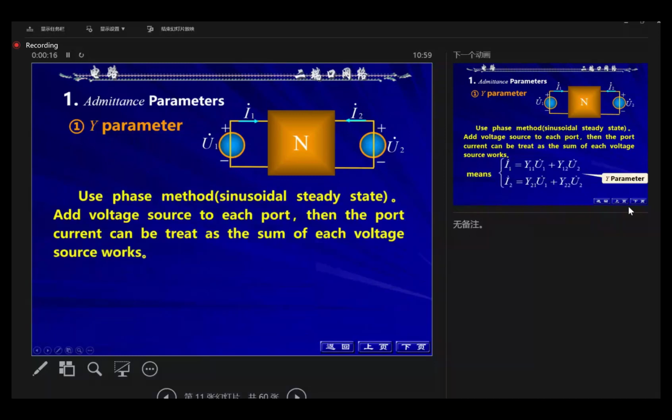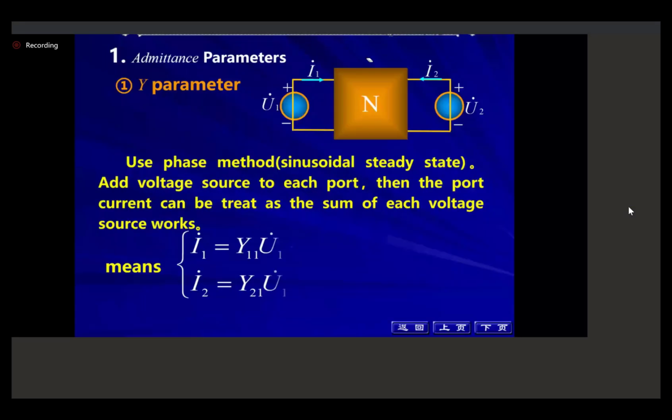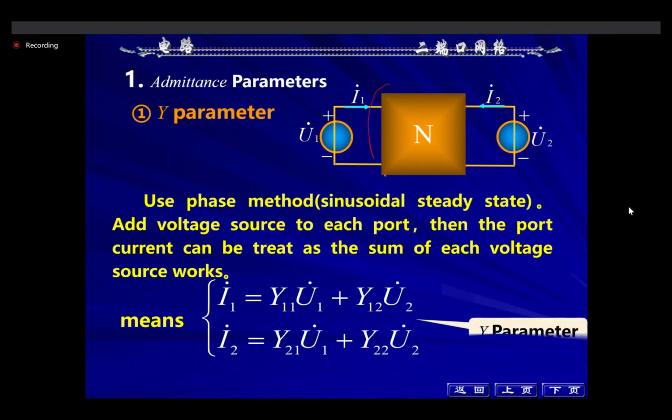For this two-port network, we use the phase method. Add two voltage sources, one to each port, then the port current can be treated as the sum of each voltage source's contribution.